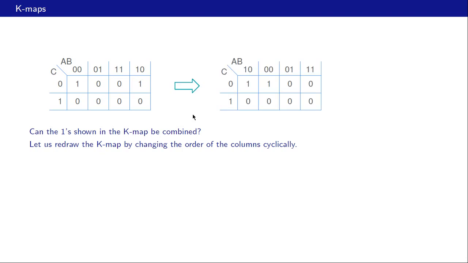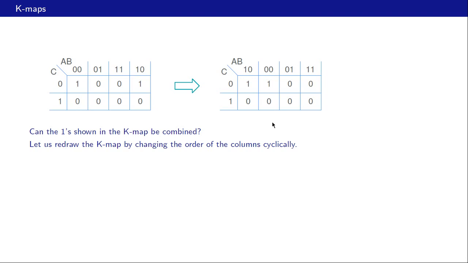Here is the revised K map, and what we have done here is we have drawn this 1 0 column first, followed by 0 0, then 0 1, and then 1 1. And these two entries 1 0 have gone here, these two entries have gone here, and so on.